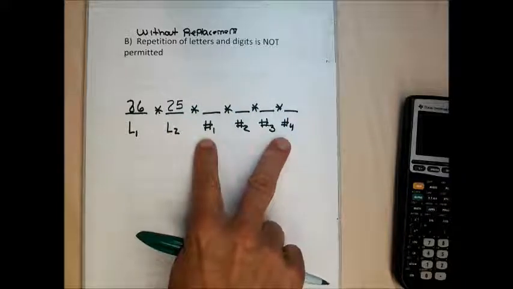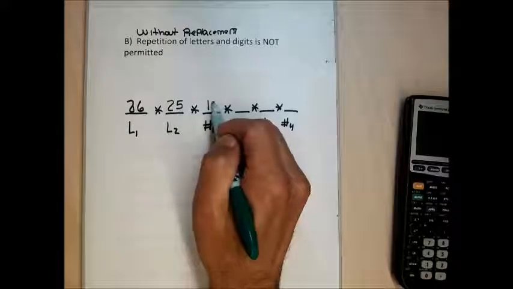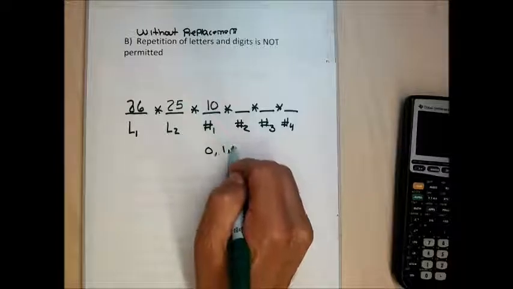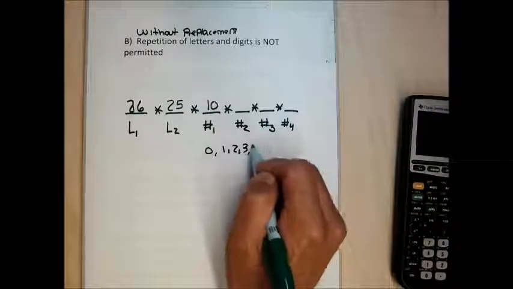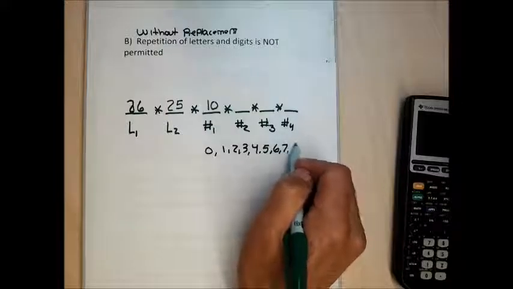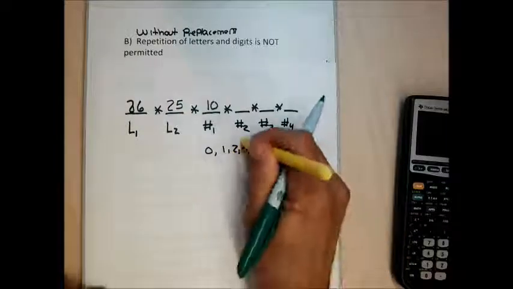For the second letter, I'm only going to have 25 letters to choose from. The digits are going to work the same way. The first digit has all 10 digits to choose from, the numbers 0 and then 1 through 9. And then, because I'm not allowed to repeat a digit, whatever digit I used on the first one can't be used for the second one.